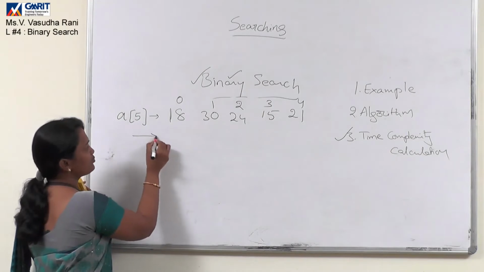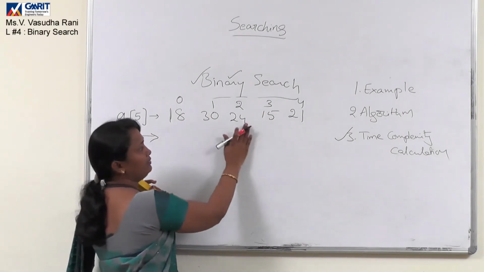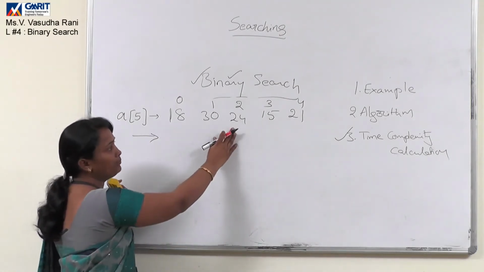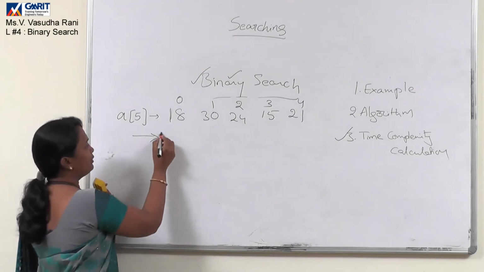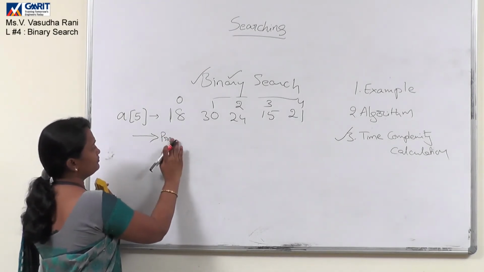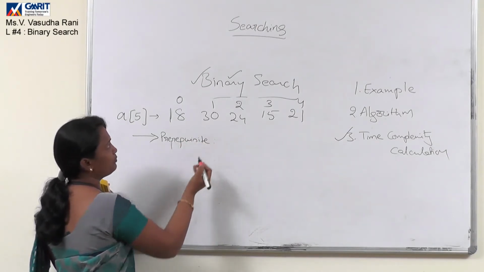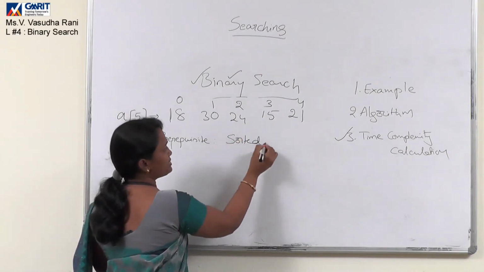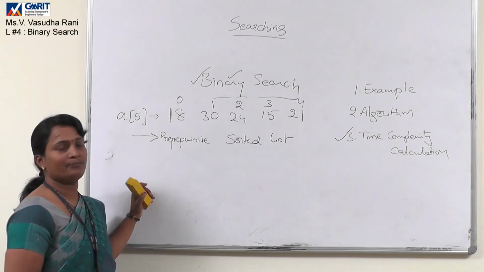And the binary search process requires mid to be calculated for this particular list, because based on the mid the list will be divided into 2. Another prerequisite for binary search is that a sorted list must be taken as input.